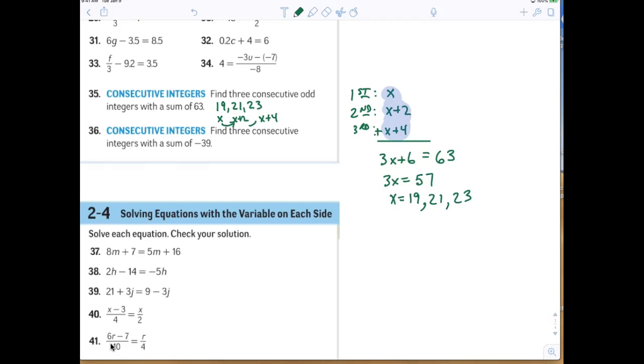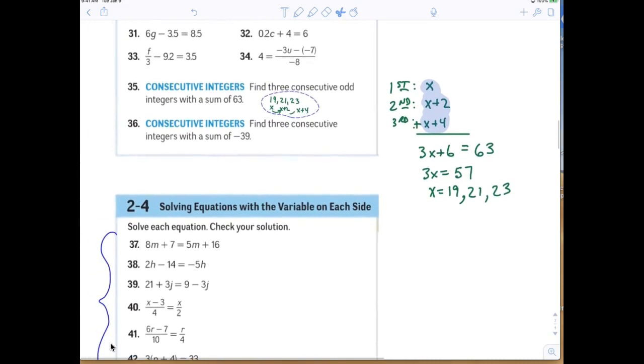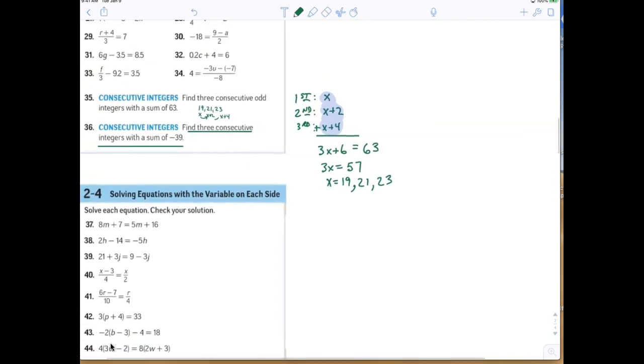Now, the next thing we're looking at is, again, stay with us. Find 3 consecutive integers whose sum is negative 39. All right, so it's kind of the same format. The first number, do we have any idea what the first number is?